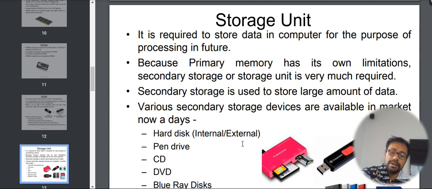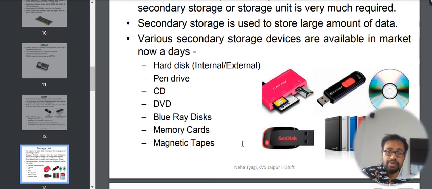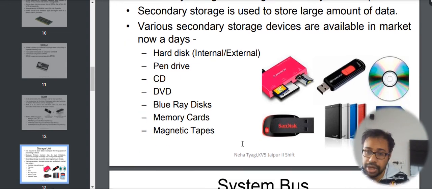Secondary storage came into being because it could store a huge amount of data, and there are various storage devices that we use nowadays, like hard disks, both internal and external ones, pen drives, CDs, DVDs, Blu-ray discs, memory cards and magnetic tapes.